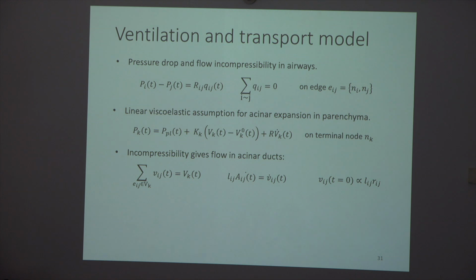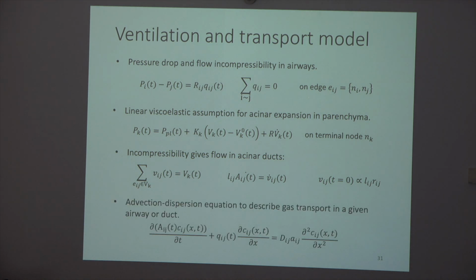And then we also simulate flow in the acinar ducts, but they are also taken to be symmetric, and so the expansion of those is assumed to be uniform for each acinus. So each alveolus in a given acinus expands by the same amount, and they're distributed according to the surface area of the ducts. And then transport, finally, is just a simple advection dispersion equation you can use.